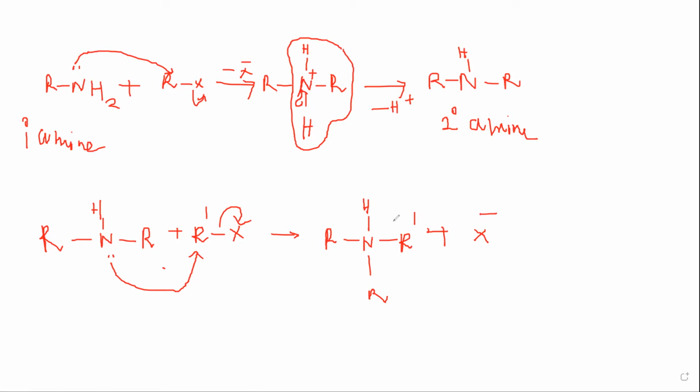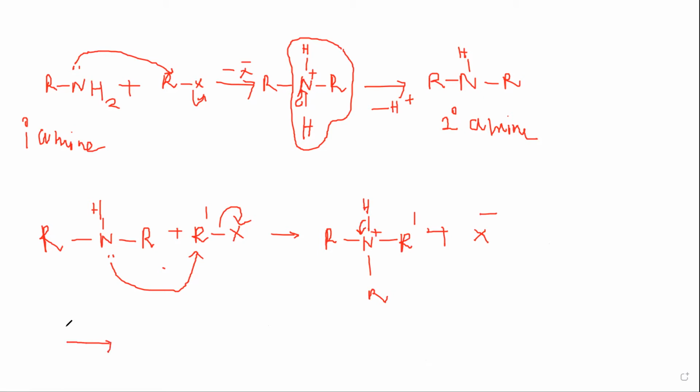And again, you know that four bonds are attached to nitrogen, so we will put a plus on nitrogen. The one hydrogen which is left will leave as H plus, leaving its electron pair to nitrogen.